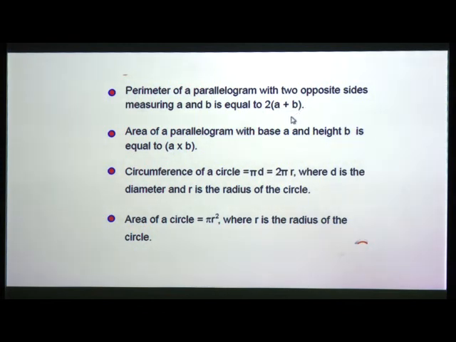Similarly, the perimeter of a rectangle is the same. In the perimeter of a rectangle we write 2 inside the bracket length plus breadth.